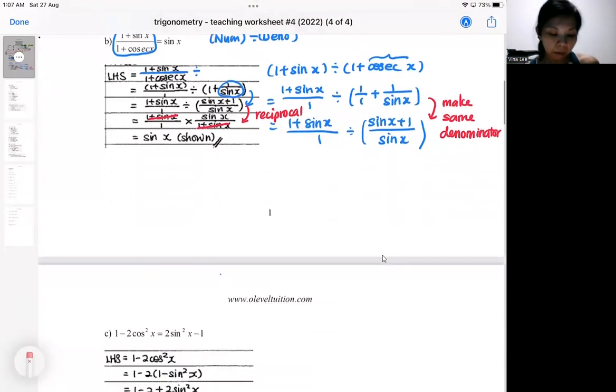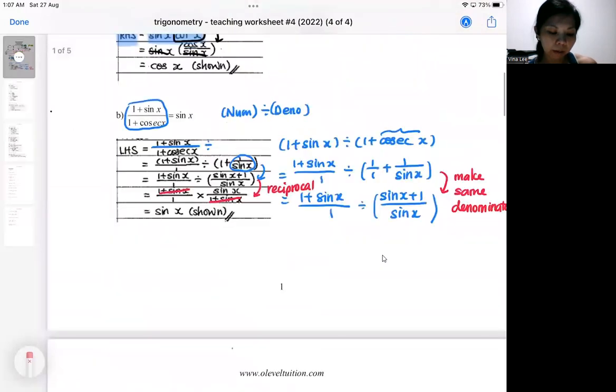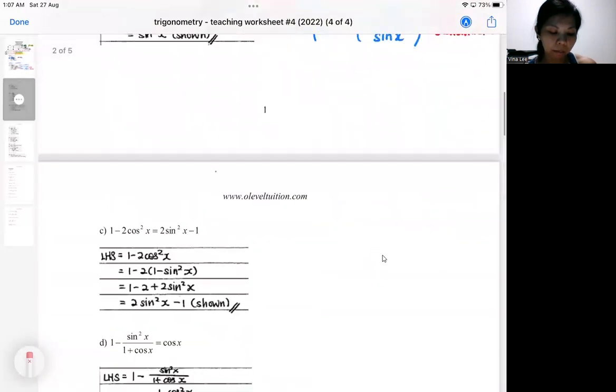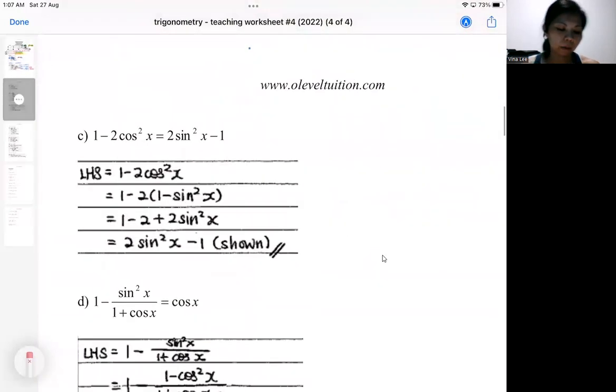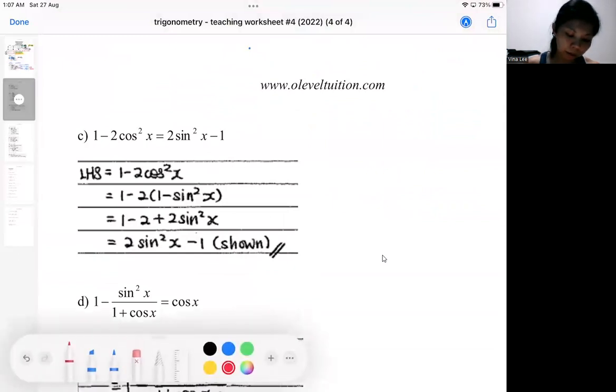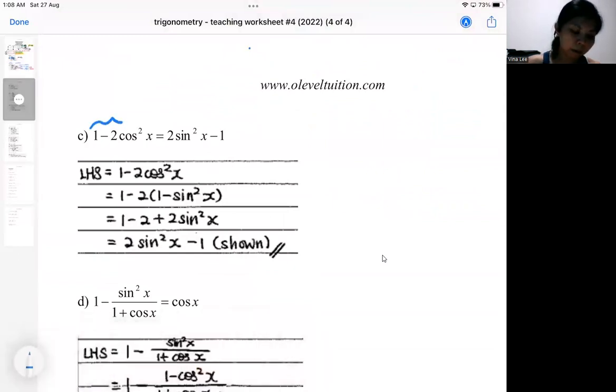In the next one, you realize that you don't have a complicated side. If you observe the left side and the right side, they look equally complicated or equally easy. In such a case, it doesn't matter which one you start with. But if you look at the left and right, you have to think of the formula.